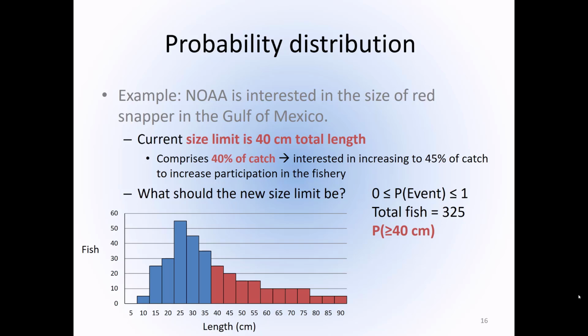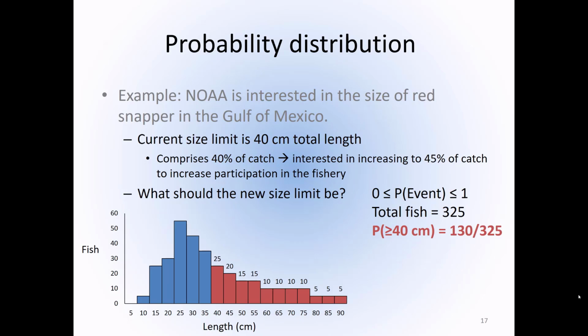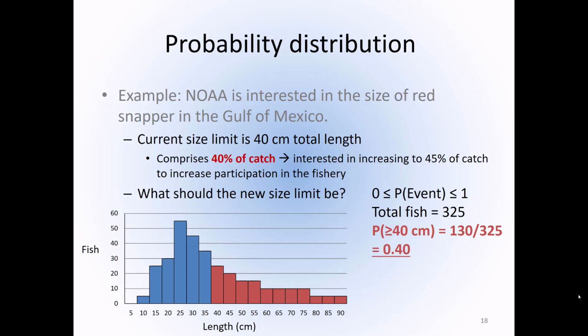So in order to determine the probability, we would take the summation of each one of those size classes, and then we would divide it by the total number of fish that have been sampled. So in this case, this is 130. We would divide that by the total number of fish, and we get, as we would expect, 40%, which, as the word problem indicates, is the current number of fish that are retained because of the size limit.